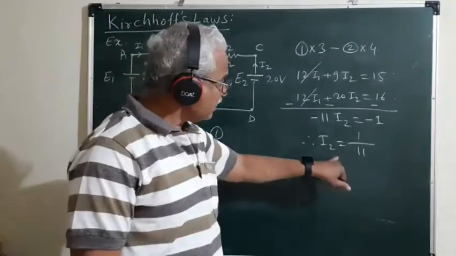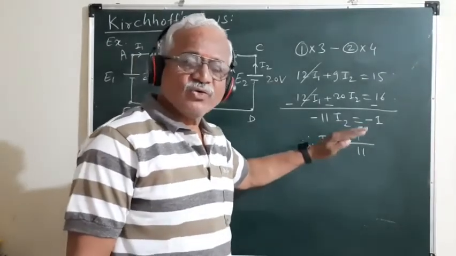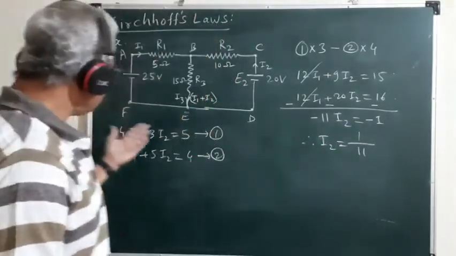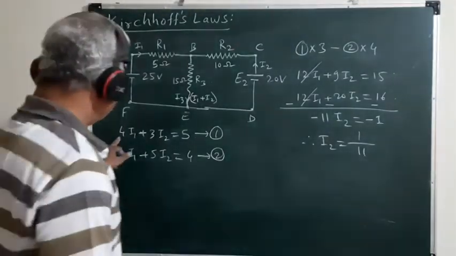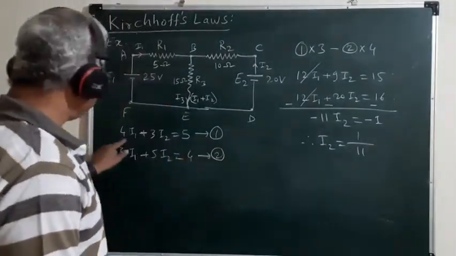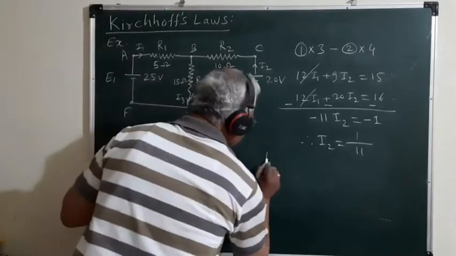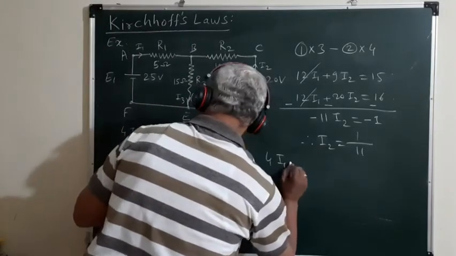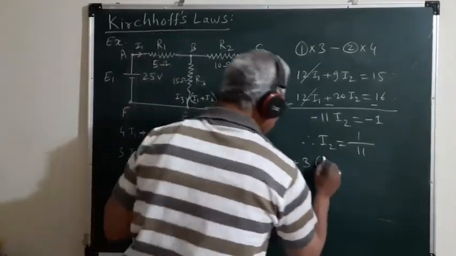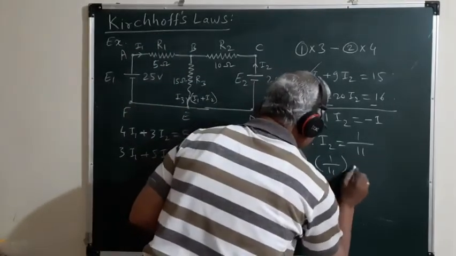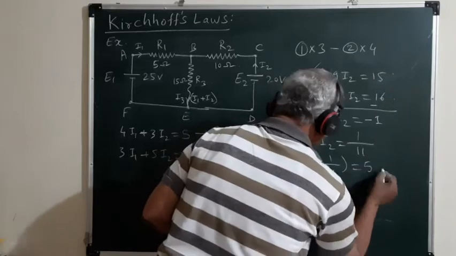Once we get the value of I2, using this value of I2 in either of these two equations, we can find out the value of I1. So let us substitute the value of I2 in equation 1. We get 4I1 plus 3 into bracket I2, which is 1 by 11, is equal to 5.